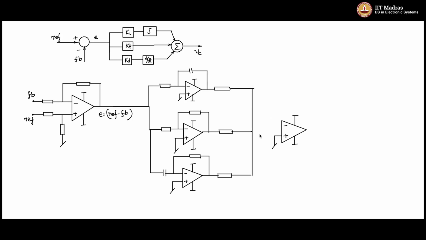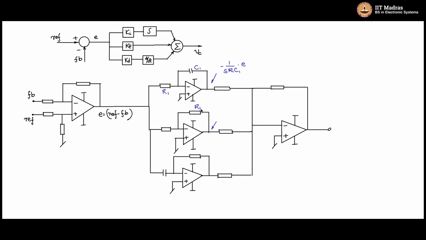So I will join them up together and then put a feedback resistor here, so that this will act as an inverting summing amplifier. This will be VC. So this is C1 and R1. So here you will have 1 by S R1 C1 with a negative sign, because this is in the inverting amplifier topology.